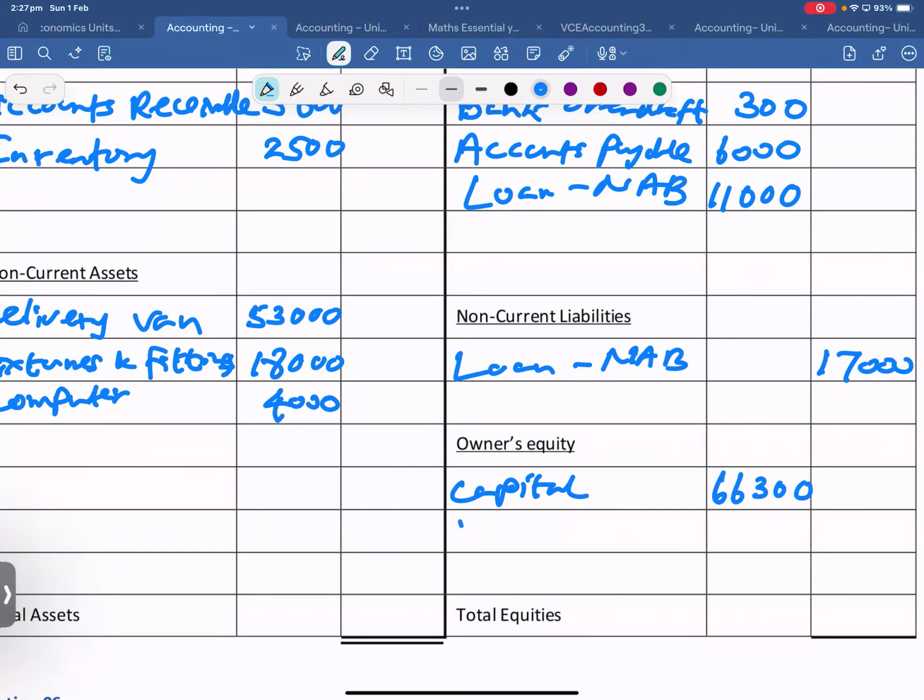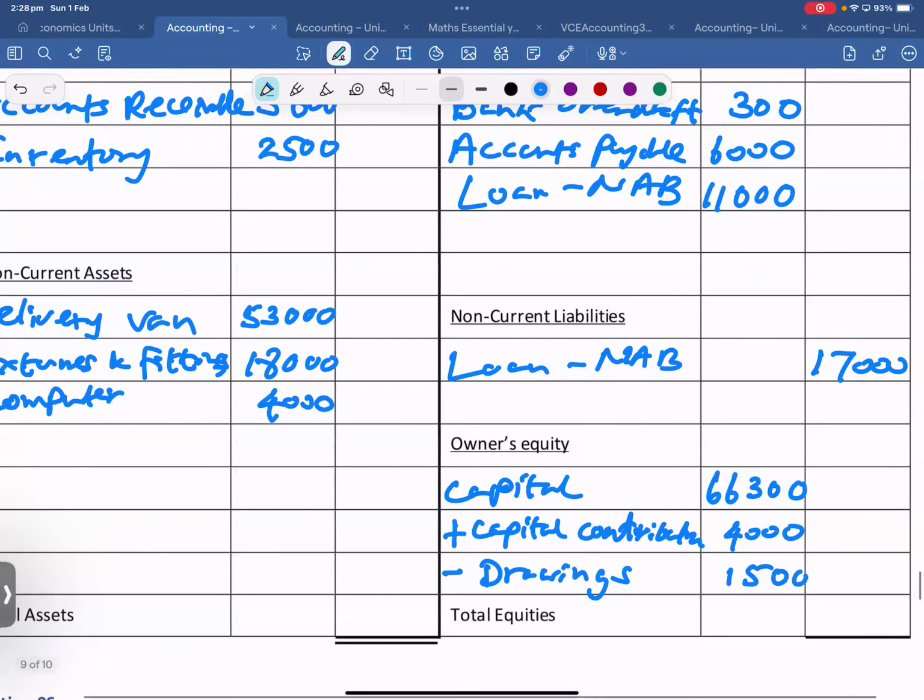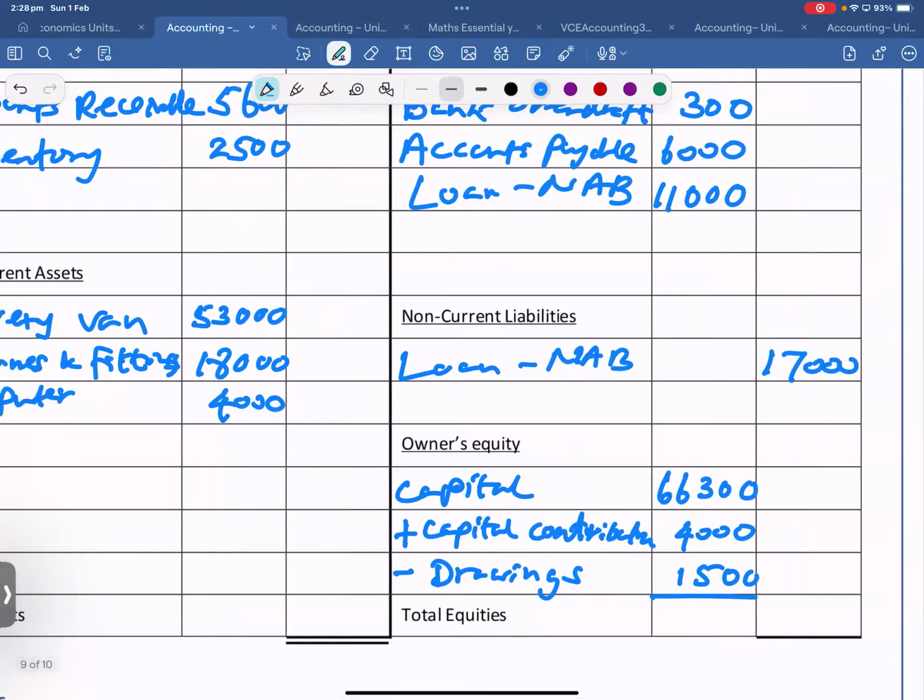Then for that you are adding capital contribution, 4,000, and you are taking away drawings. Drawings was how much? 1,500. Good. Then I'm going to add and simplify all of them. I'm getting 68,800.